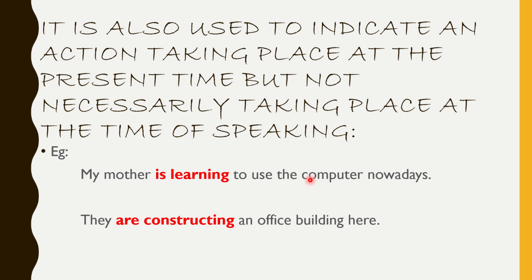Also, sometimes an action may take place at the present time, but it may not be happening while we are speaking. Like, my mother is learning to use the computer nowadays. In such a case, mother has been learning to use the computer for many days now.